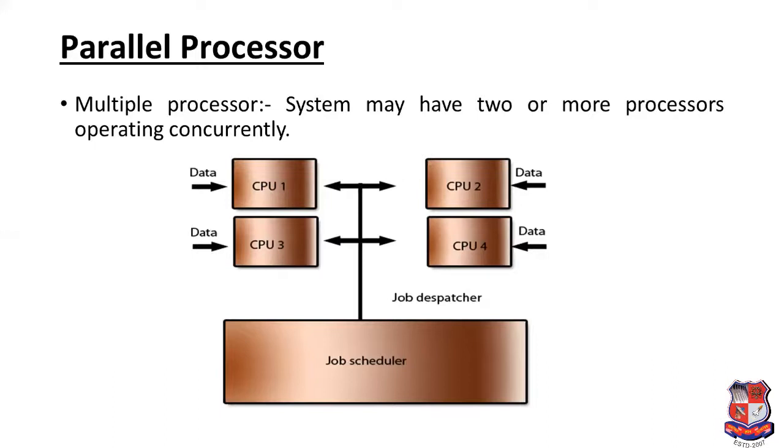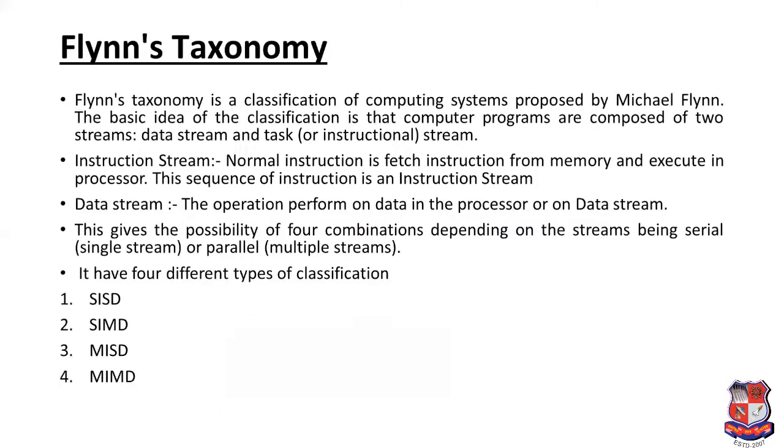Okay, understood, students? Now let's see the next topic, that is Flynn's taxonomy. Flynn's taxonomy is a classification of computing systems proposed by Michael Flynn. The basic idea of the classification is that computer programs are composed of 2 streams: a data stream and an instruction stream.